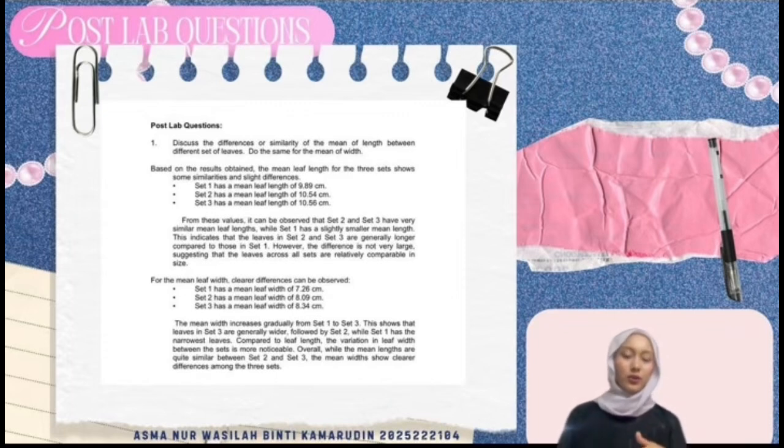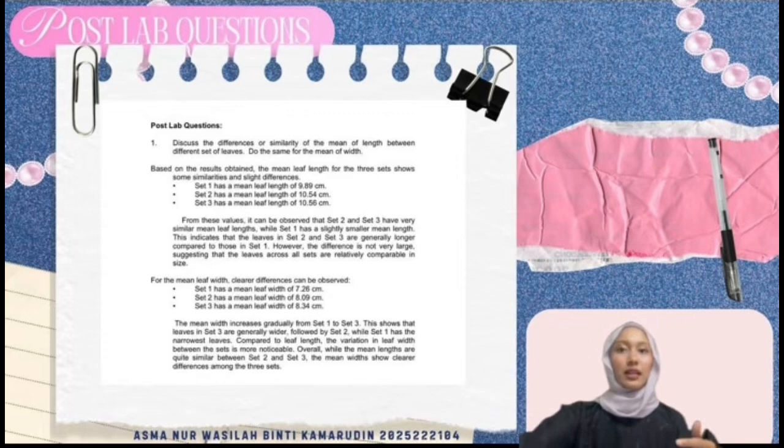From this value, it can be observed that set 2 and set 3 have very similar mean leaf length, while set 1 has a slightly smaller mean length. This indicates that the leaves in set 2 and set 3 are generally larger compared to those in set 1. However, the difference is not very large, suggesting that the leaves across all sets are relatively comparable in size.